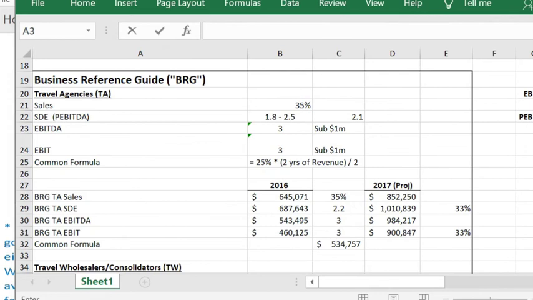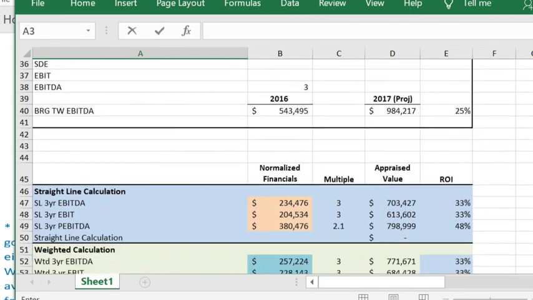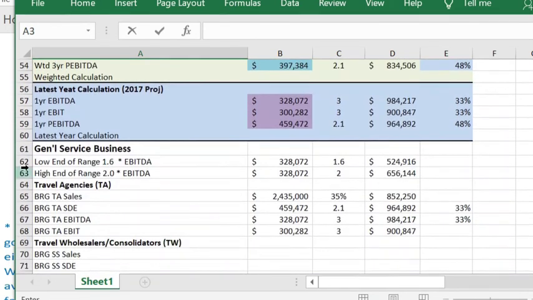So the next thing that we can see here in this valuation tool, this valuation workbook, is a reference to the business reference guide. So that is a reference guide that a lot of business brokers, including Alan, use. Some have got better versions than others, used to get that market value of a business. So you can see he's looked at travel agencies, he's looked at travel wholesalers, he's also looked at general service businesses.